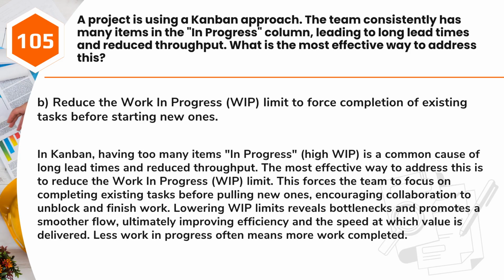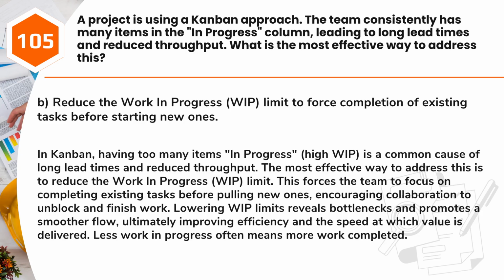Answer: B. Reduce the work in progress, WIP, limit to force completion of existing tasks before starting new ones. In Kanban, having too many items in progress, high WIP, is a common cause of long lead times and reduced throughput. The most effective way to address this is to reduce the work in progress, WIP, limit.